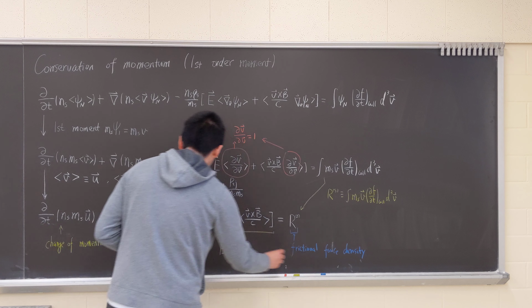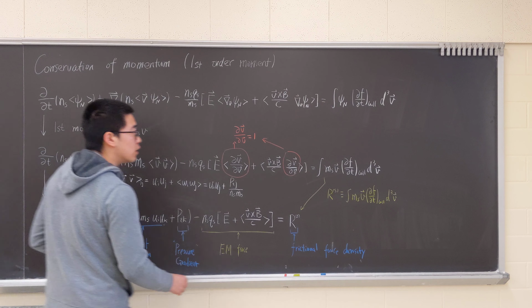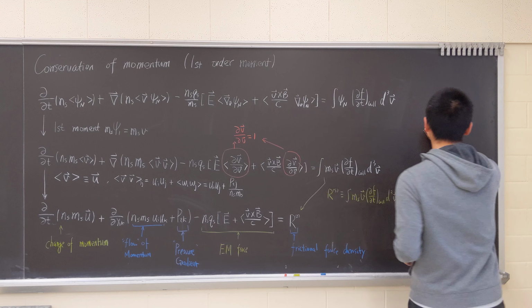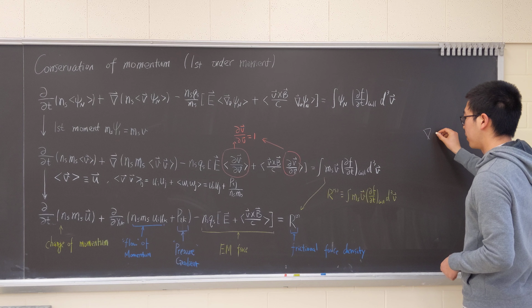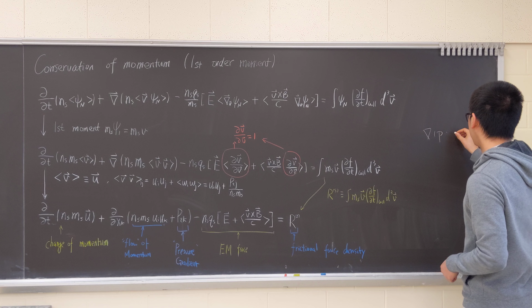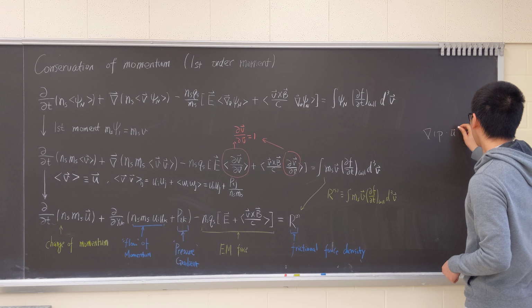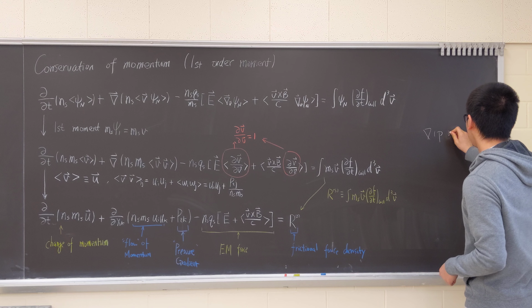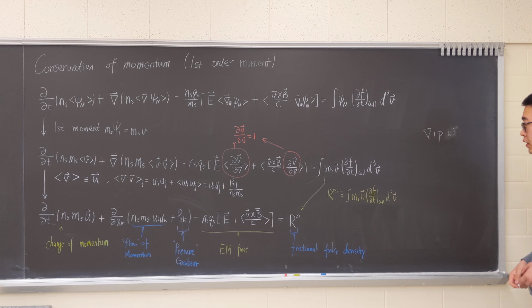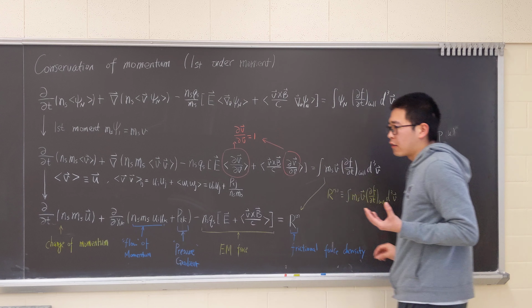So we can think it's kind of like a gradient of momentum dot, not dot, sorry, like this.